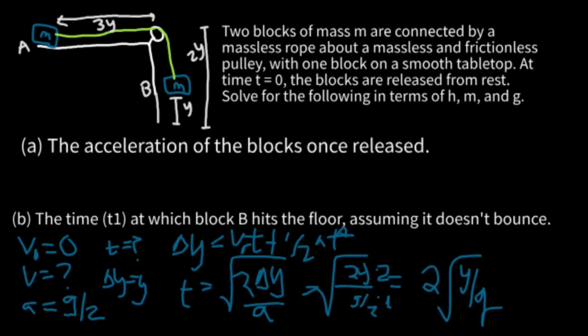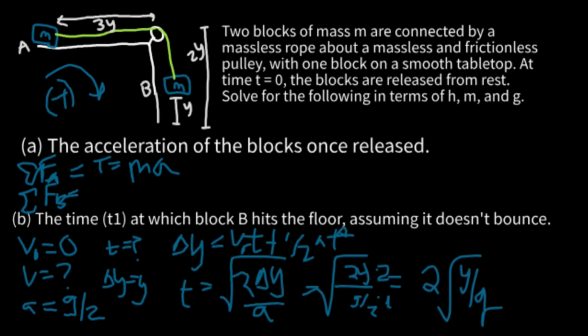So we're going to sum the forces on block A, which will give us T equals MA, and we can sum the forces on block B. Let's define this to be our positive direction. That will give MG minus T equals MA.